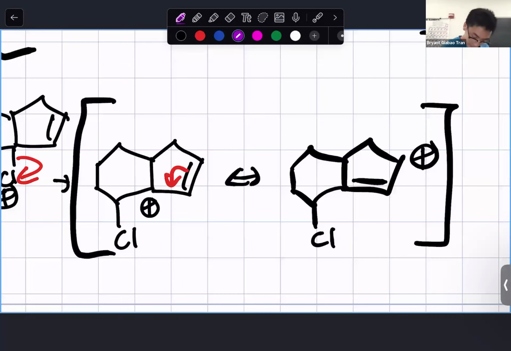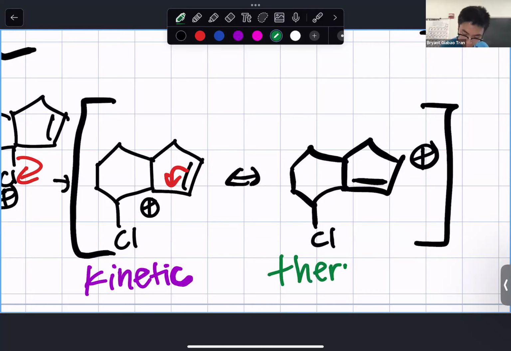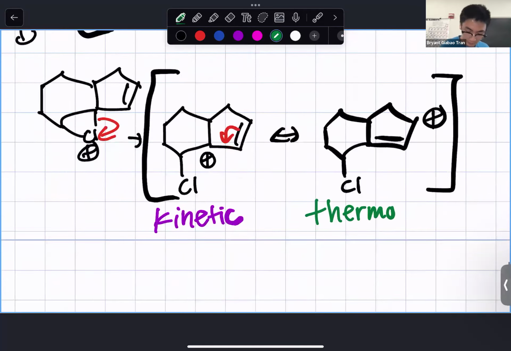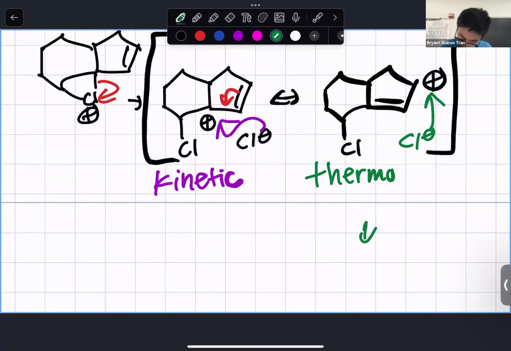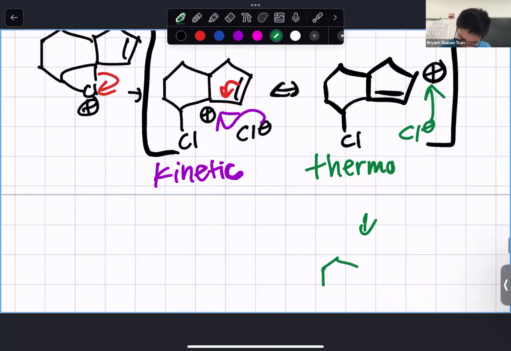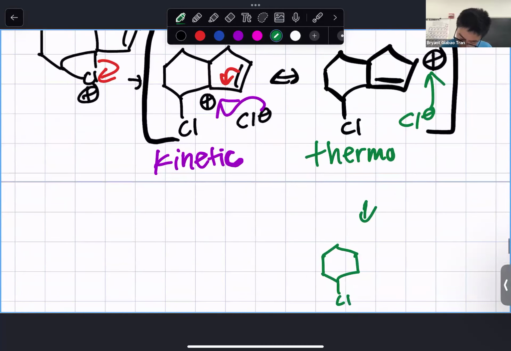Great, kinetic is on the left because it comes with a more stable intermediate, and thermodynamic is on the right because it forms the more stable alkene product. So the Cl minus is just going to come back and attack to finish up the reaction. Thermodynamic product, kinetic product.